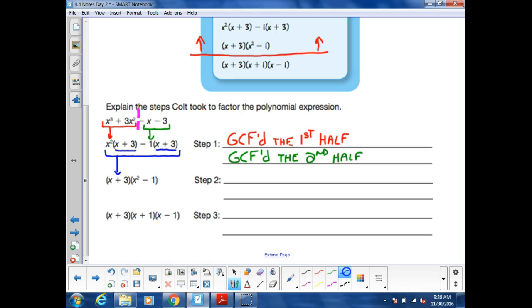So he factored out the x plus 3. What's left over? From this first term, he's got an x squared left over, right? And from this second term, he's got a negative 1 left over.